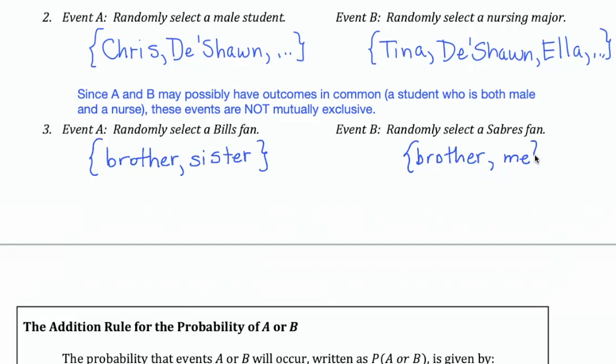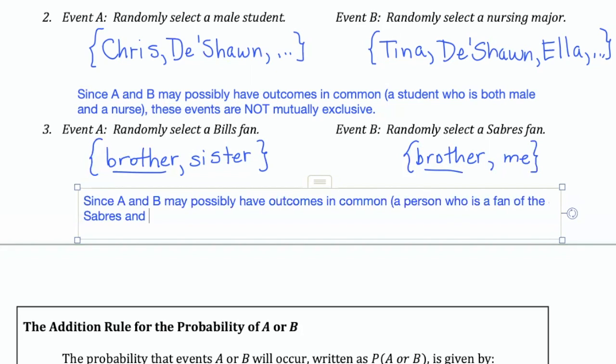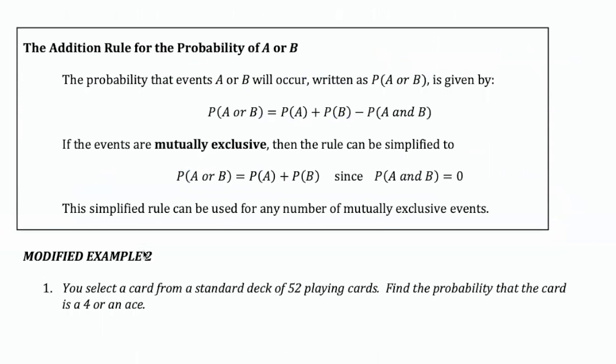But anyhow, when I look at the sample spaces here, is it possible that I could choose a person who is both a Bills fan and a Sabres fan? Yes, because they have the common outcome here. My brother is, in fact, a fan of both. Since A and B may possibly have outcomes in common, a person who is a fan of the Sabres and the Bills, these events are not mutually exclusive.